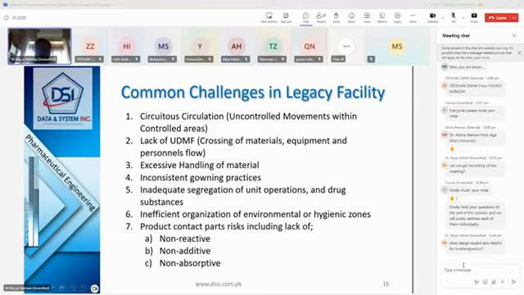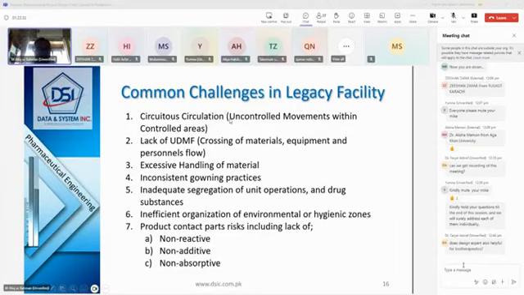So the challenges are, number one, cautious circulation, which is uncontrolled movement within the controlled areas. The pharmaceutical area, whether classified or unclassified, when you enter into the plant, is considered a controlled area. So every area is a controlled area.